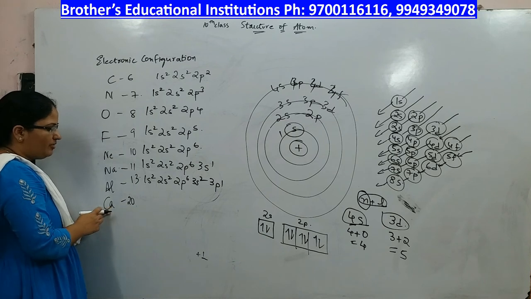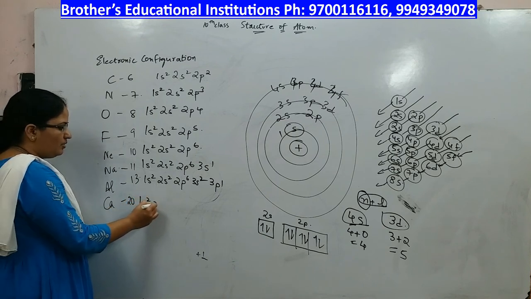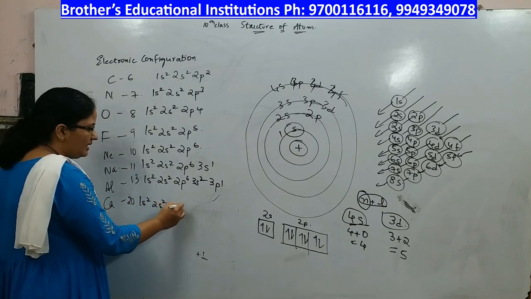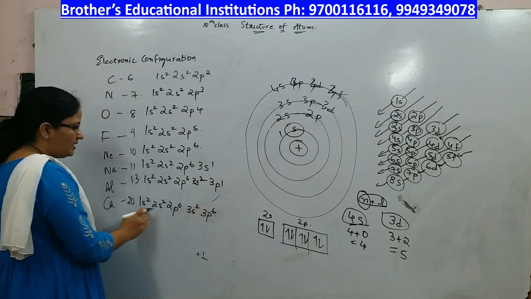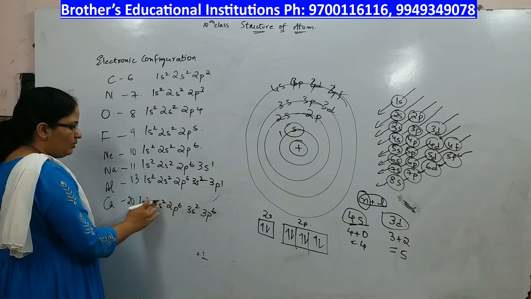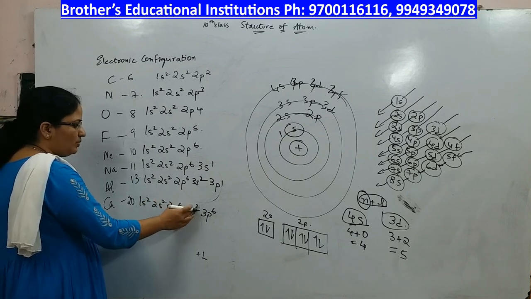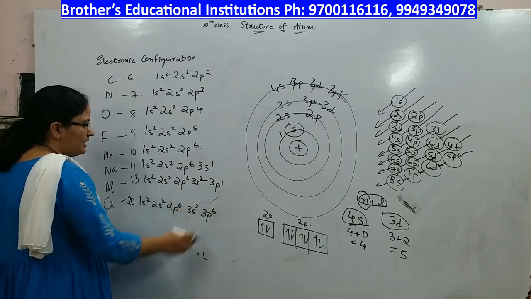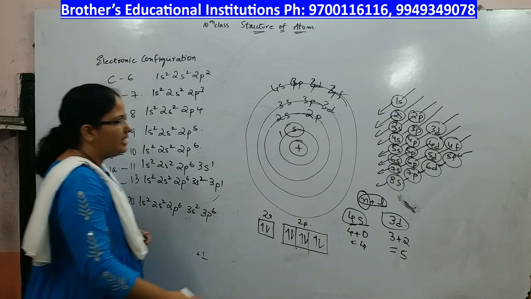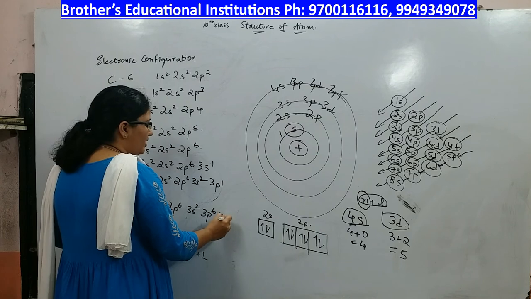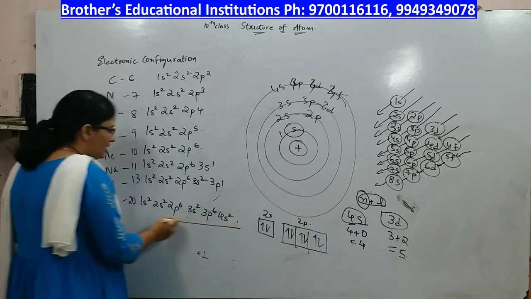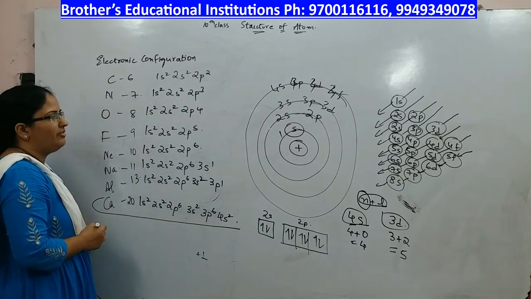Next let us look at calcium. 1s2, 2s2, 2p6, 3s2, 3p6. How many electrons are filled? 2, 2, 4 plus 6, 10, 12 plus 6, 18. After 3p where does it go? It goes to 4s, so we write 4s2. This is the electronic configuration of calcium.